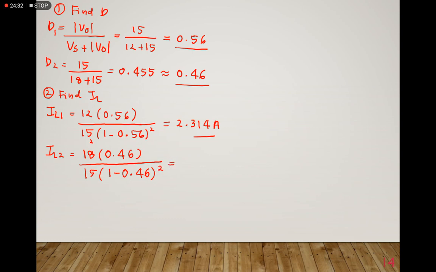You will get 1.893 A. Once you know your average inductor current, we can find the rest of the parameters. I will show using the two approaches in finding the value of L.